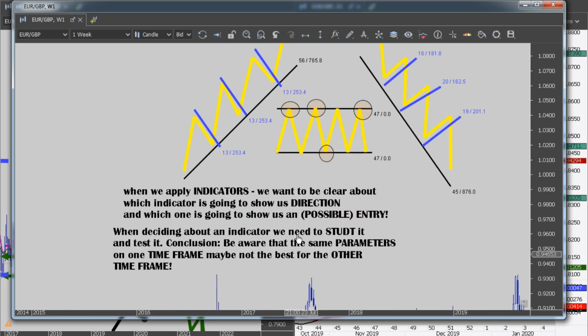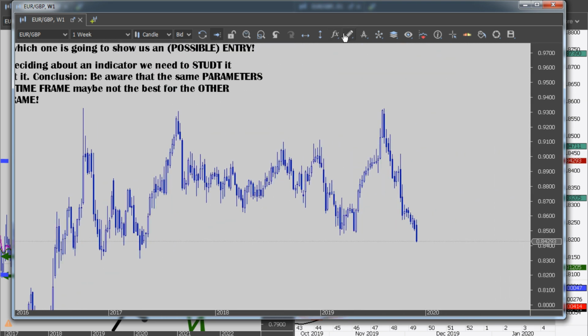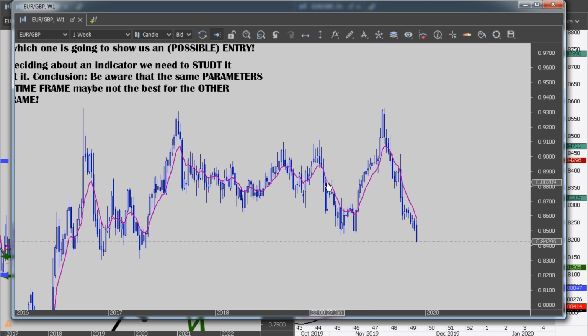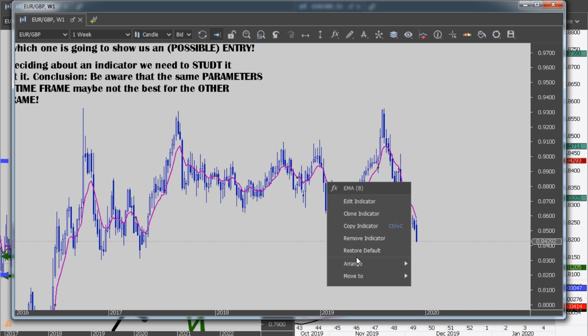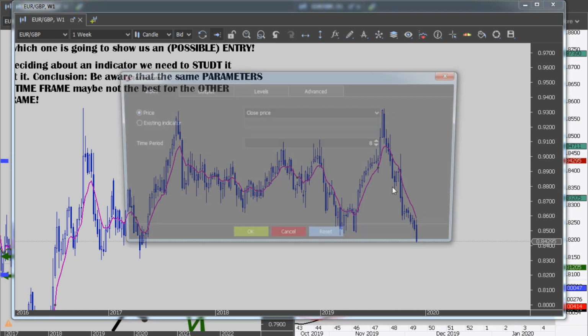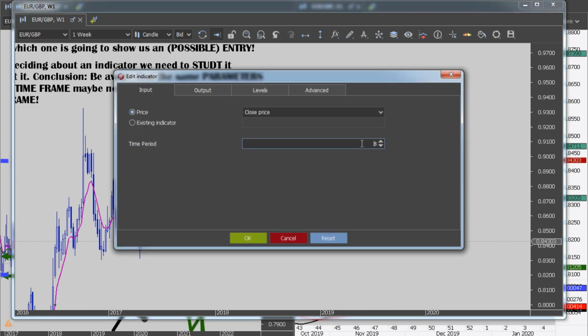But the crossover, everybody, let's make it inside in here. EMA 8 and one more, there you go. Let's change the parameters. 21, right?